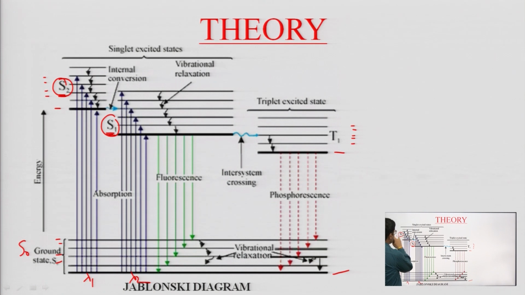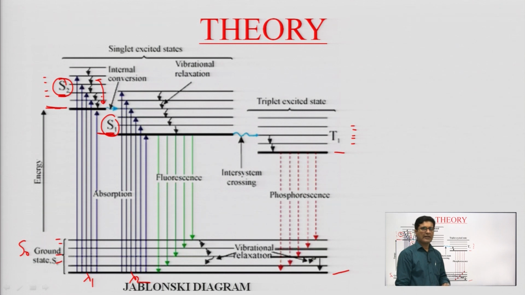When this electron jumps to any of the vibrational levels, then to change the electronic state, it has to come to the ground electronic state from the excited vibrational level. So, it has to lose some amount of the energy that it has absorbed, and this process of losing energy from the vibrational energy levels is known as vibrational relaxation. This is one method of deactivation or relaxation.